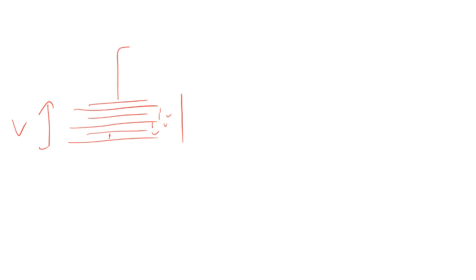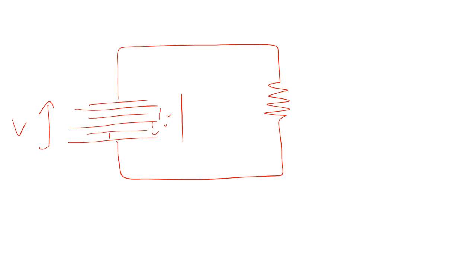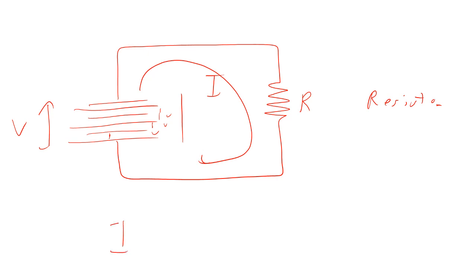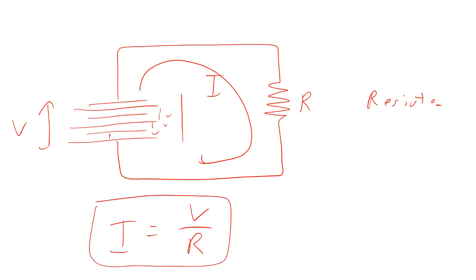Okay, and then he connects this to something here, some conductor, but the conductor is not perfect. And so he calls it a resistor. And then current would flow. And so he realized the bigger the voltaic pile, the bigger the current. The bigger the resistance, the smaller the current. So he defines this as V over R. So this is how George Ohm wrote it, but in textbooks we almost always write it V equals IR.